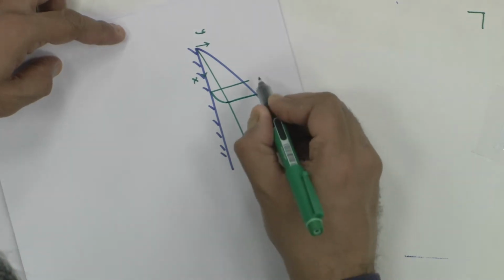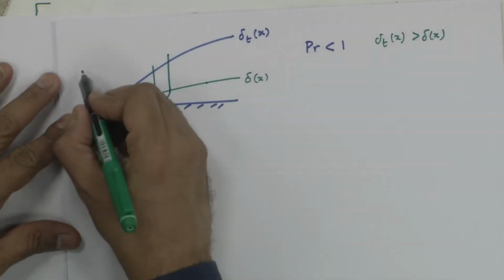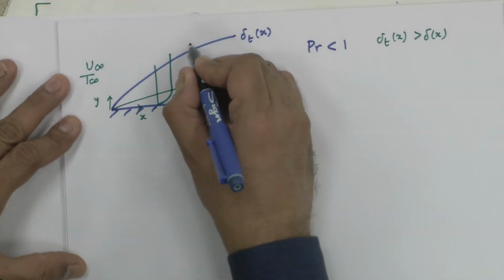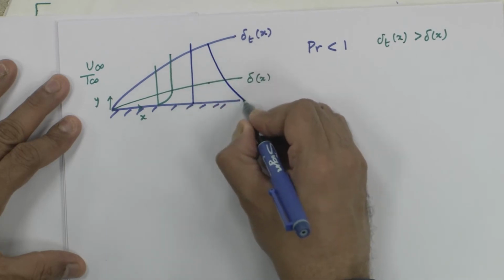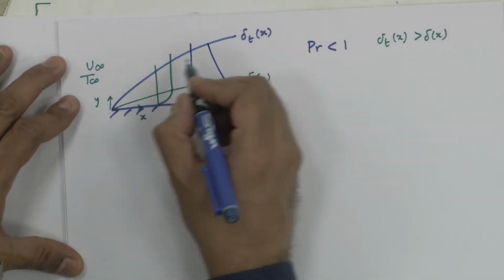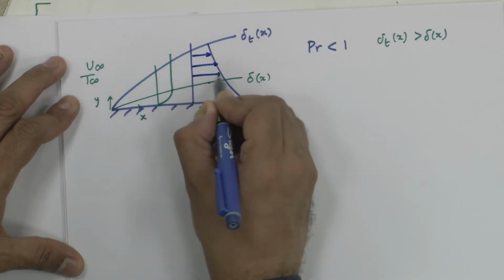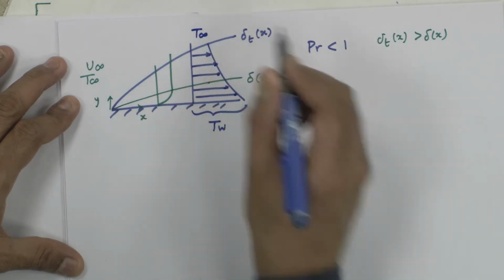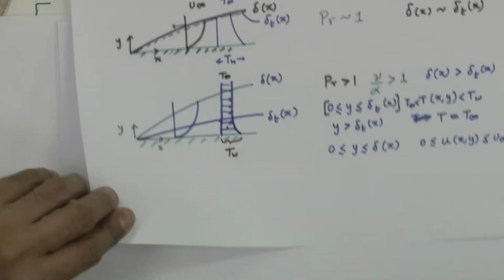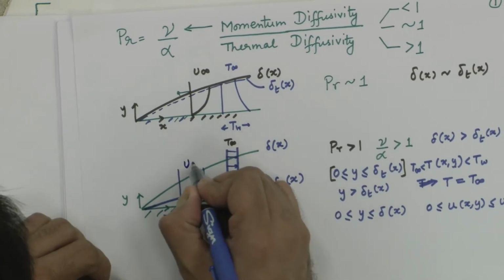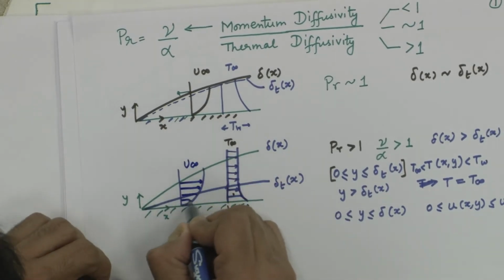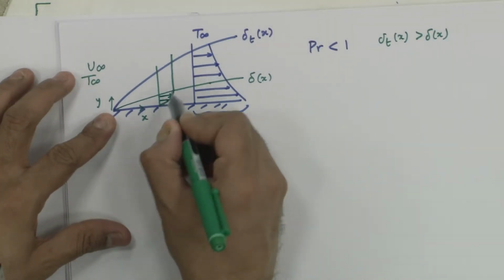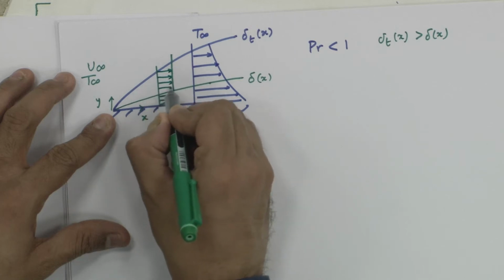Afterwards it is the same everywhere, u infinity, T infinity. Temperature distribution is going to be changing like this. So, T wall, T infinity here. In this case, this is u infinity here. Velocity is varying only in this part. It is all equal to u infinity here.